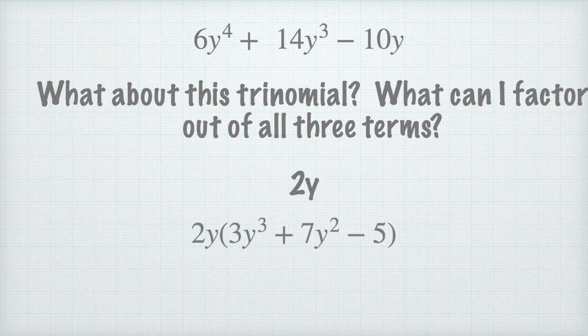I'm left with 3y cubed plus 7y squared minus 5, and remember that's going to be times the 2y that I factored out from all 3 terms.